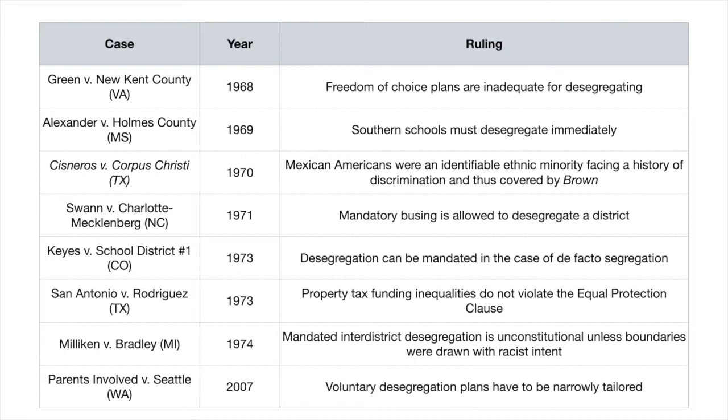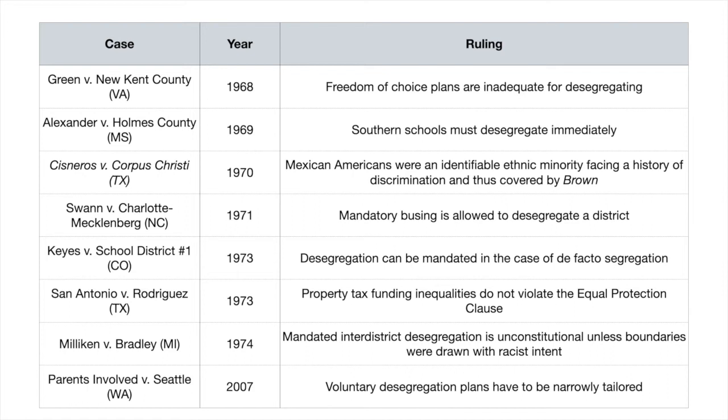In 1973, Keyes versus School District 1 in Denver, Colorado, busing came up again because Colorado, you'll notice, is a northern state. It did not have de jure segregation, but the case was brought forward by Mexican American and Black families arguing that Colorado schools were segregated and should be mandated to desegregate as well. And the court said, you're right.